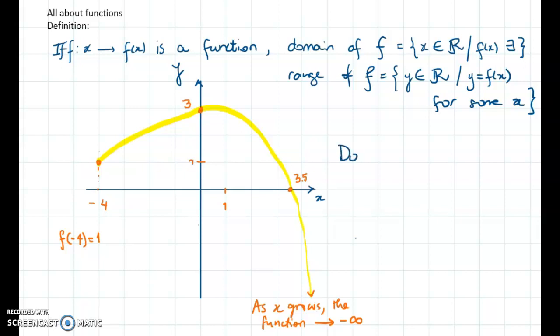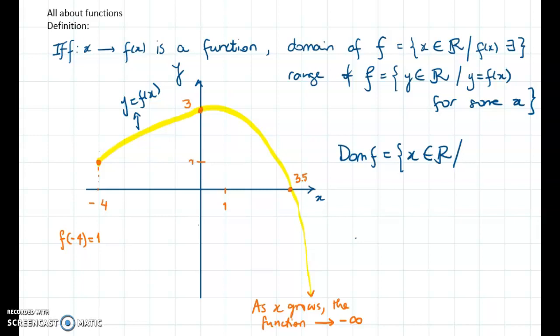So let's write what is the domain of this function. Let's write that this is y equals f of x. So these are the values of x such that the function is defined for them. I can see in my graph that the first value that I have my function defined for is -4. Before -4, there is no function.